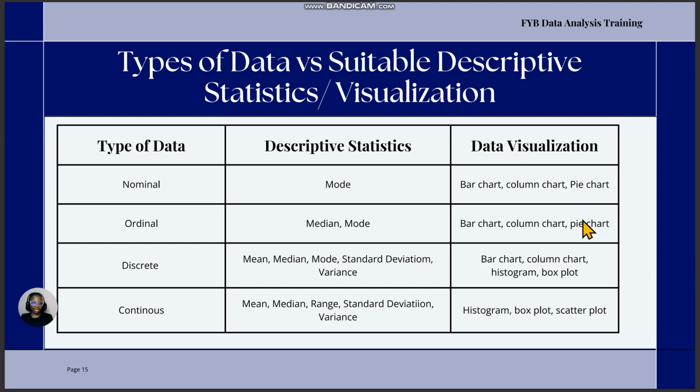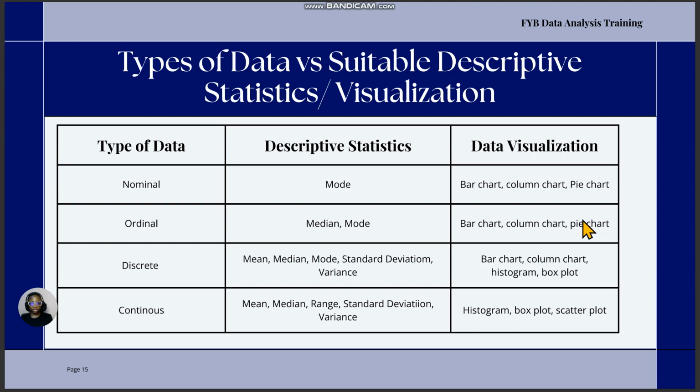For ordinal data, the same thing applies as for nominal data, but you can also get the median, the middle value. For discrete data, which is numerical data, you can find the median, mode, and mean, and measures of dispersion like the standard deviation and variance. To visualize it, you can use a bar chart, column chart, or histogram as I've explained before.